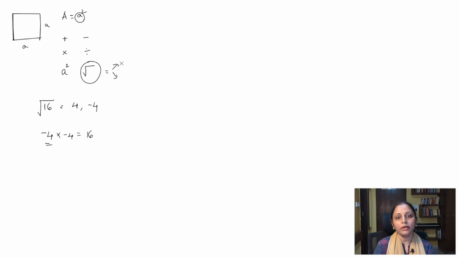However, for these exercises that we are considering right now, the 5.3 exercise in this chapter for class 8, we will be considering only the positive value that they have mentioned before the exercise itself. So we will consider only the positive value. But like I said, both values are equally correct, right?